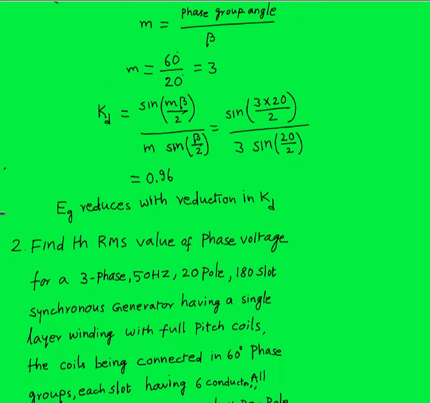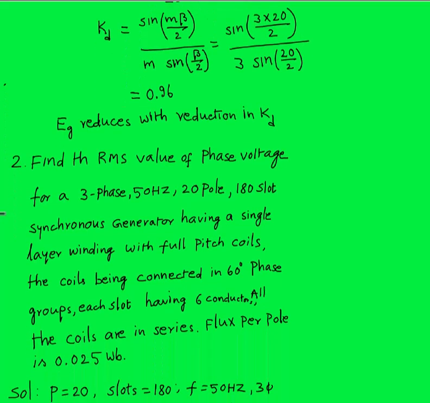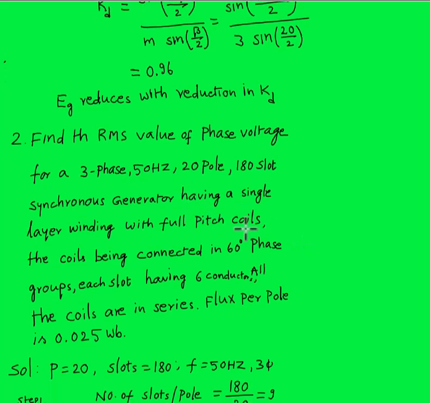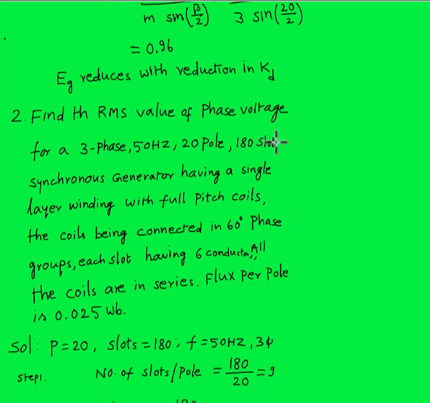And in the next case, similar to the previous case, the data is given, and here also we have calculated beta, and it is given that it is a full pitched winding. For a full pitched winding, the pitch factor is 1, and with the given data we have calculated beta and also the distribution factor.